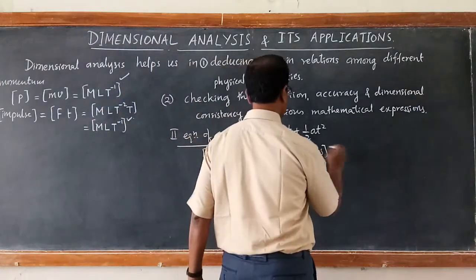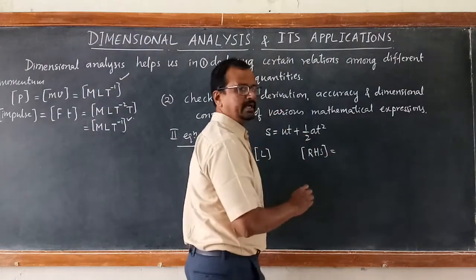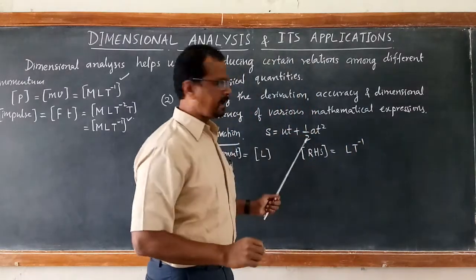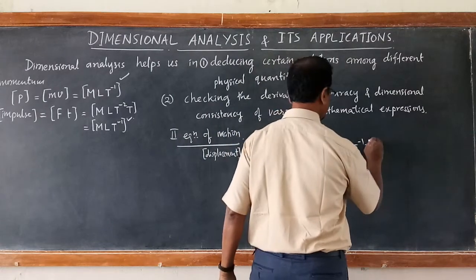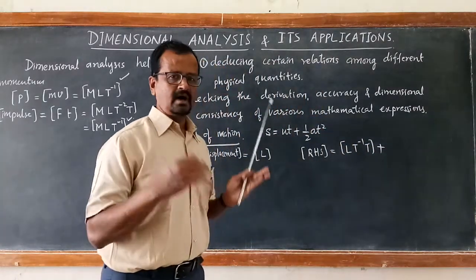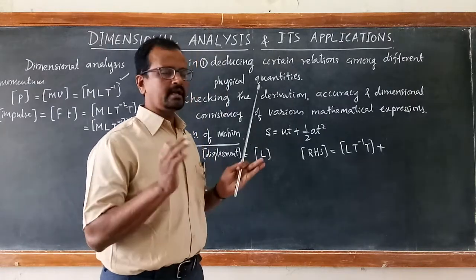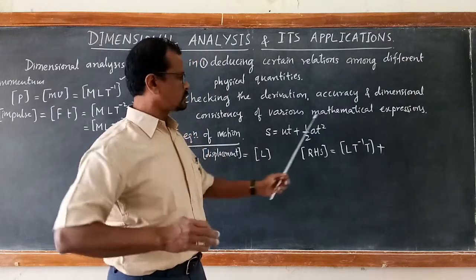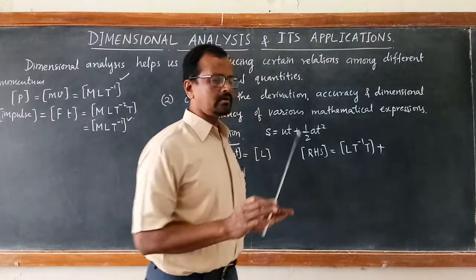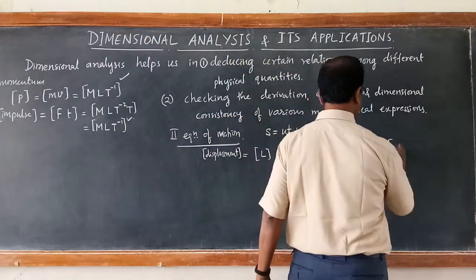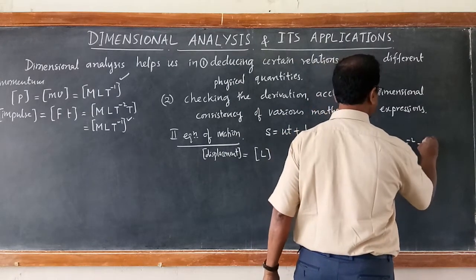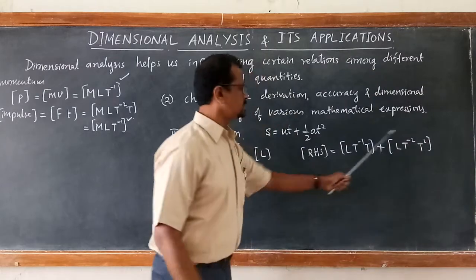If you check this, it comes out as the dimension of speed, L T raised to -1, into the dimension of time, T, plus, you leave out half, it is a number. Whenever there are constants such as numerical values, you have to leave them out. Whereas a and t are not constants, they are physical quantities. The dimension of acceleration is L T raised to -2 and the dimension of the square of time is T square.